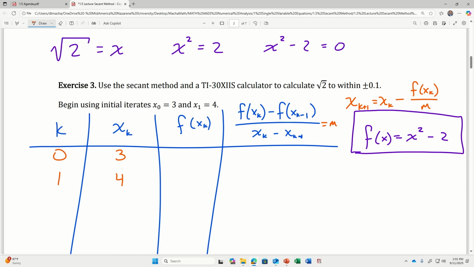So what is f of 3? That'd be 3 squared minus 2. Seven. And then what is f of 4? 14.